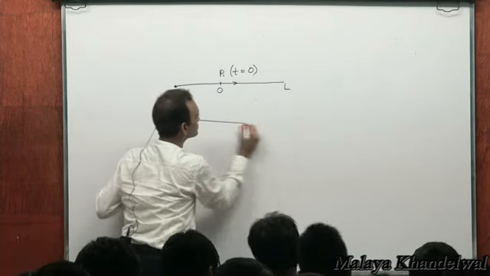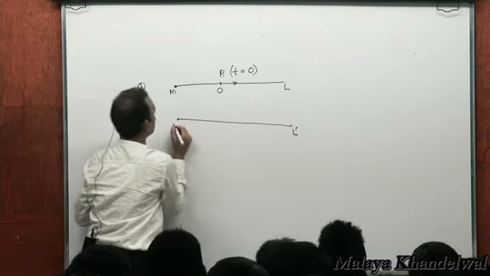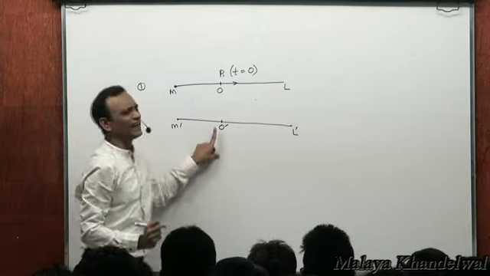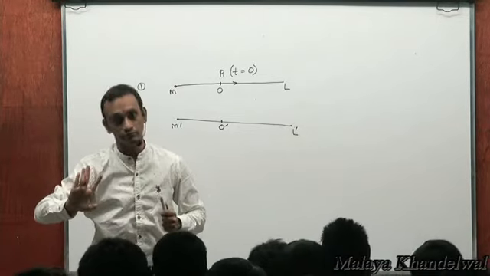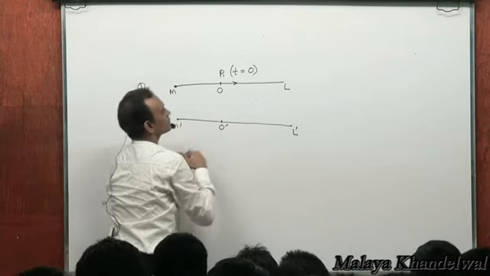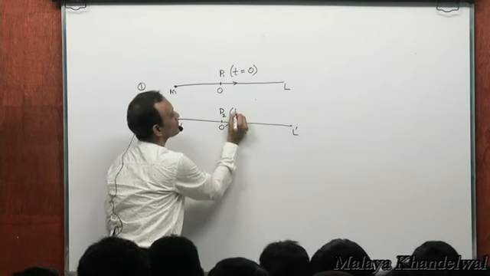Another oscillator, so this is oscillator 1. Another oscillator, say L prime M prime, executing an identical SHM. Identical SHM means same omega and same A. Right? About O prime, and this oscillator is P2 at time t equal to 0.